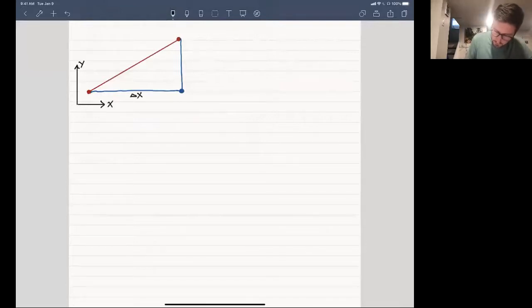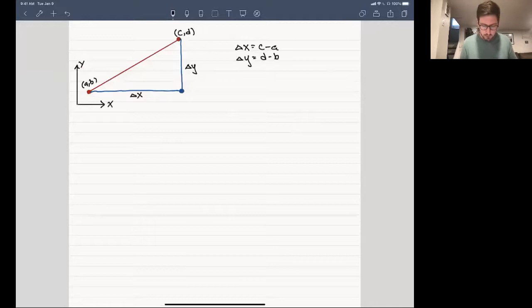And the height of this thing becomes delta y. So if we call this point (A, B) and we call this point (C, D), then delta x is C minus A, and delta y is equal to D minus B, right? So the change in the x and the y coordinates.